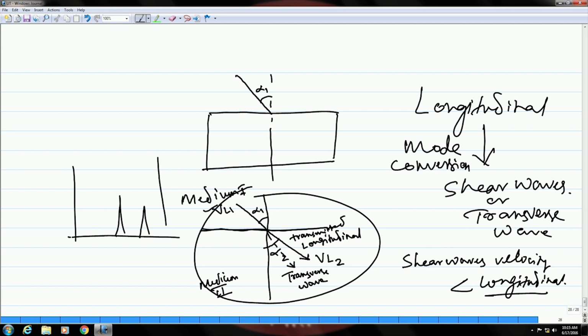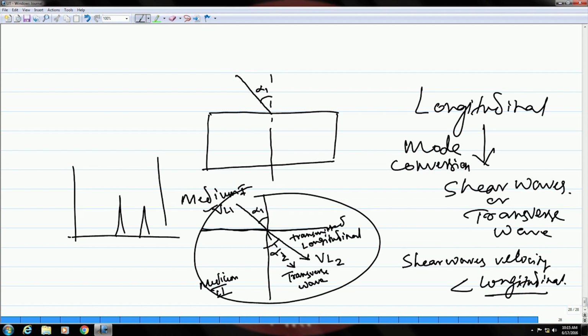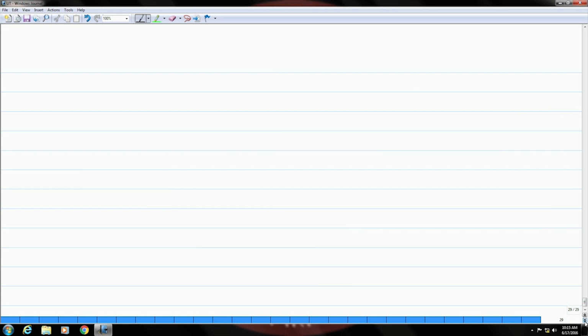So, in that case, when you do that, you have to send it at a particular angle which will ensure that only shear waves enter the sample and the longitudinal waves will be reflected back. They will not be transmitted to the sample. Okay. So, that will depend on the angle of incidence, and let us find out what that incidence angle is. Okay.